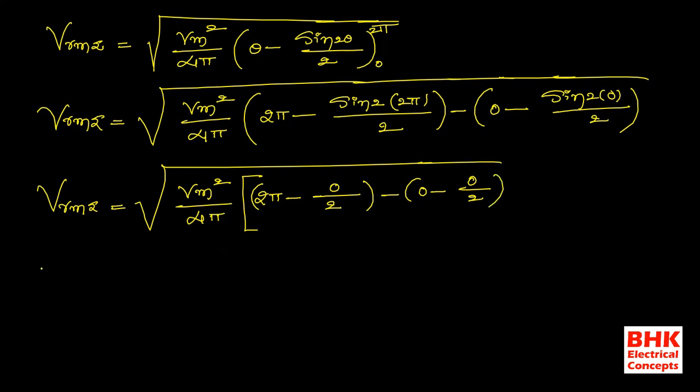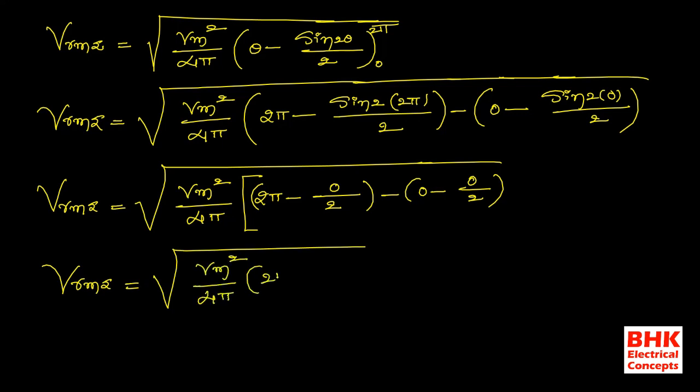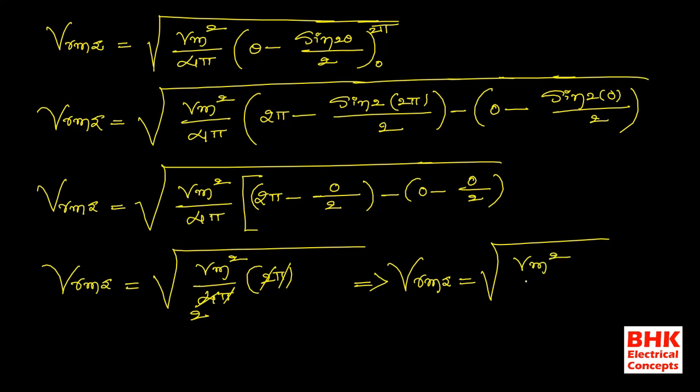Now by simplifying this one, finally you will get only Vm square divided by 4 pi into 2 pi. Now here pi gets cancelled, 2 ones are 2, 2 twos are 4. Now the final expression, that is VRMS is equal to square root of Vm square divided by 2.